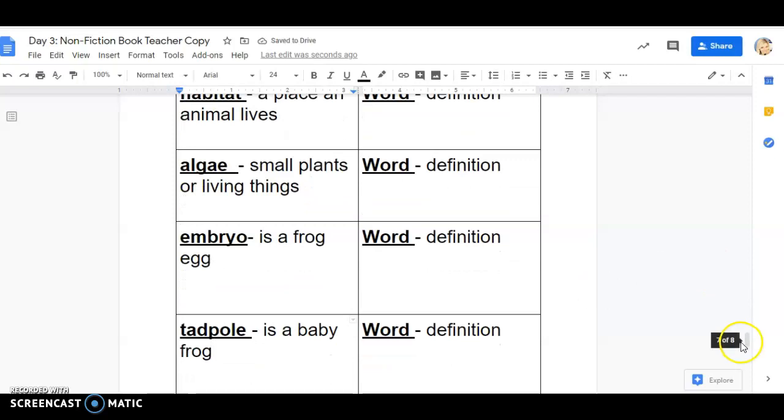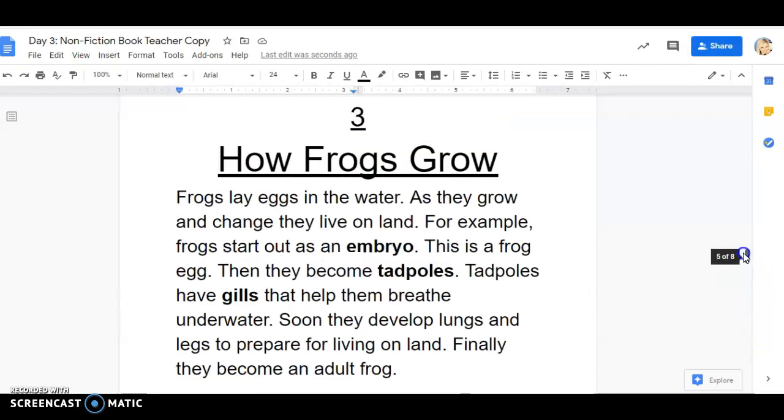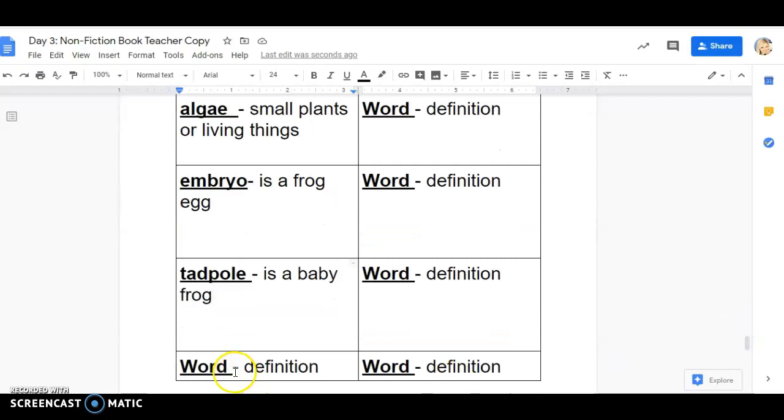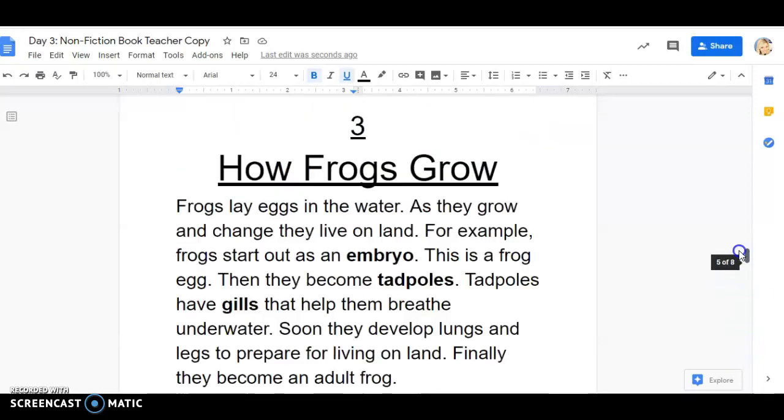I think my next one was gills, but let me just go double check. Gills, yep. Gills. And I wrote down in my notes what gills are, and we can put them into your own word.